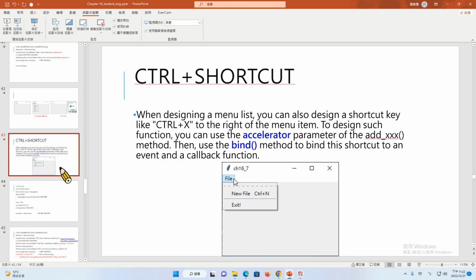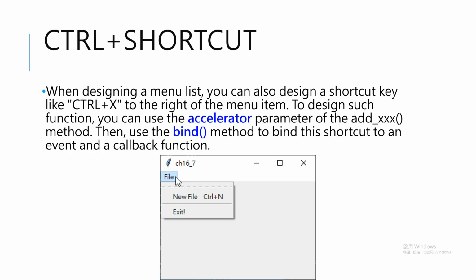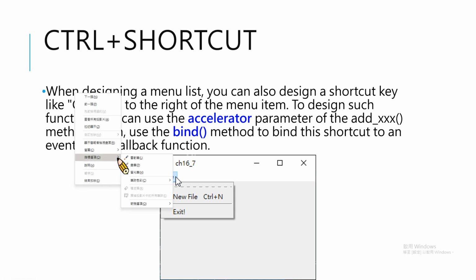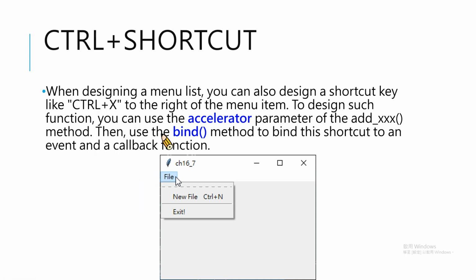The second way to use the shortcut key is that sometimes we use the control and the shortcut key. Basically, a menu item with the control and shortcut key will be expressed like that. And if we want to implement that shortcut key function, it is a little more complicated than ALT plus the shortcut key.